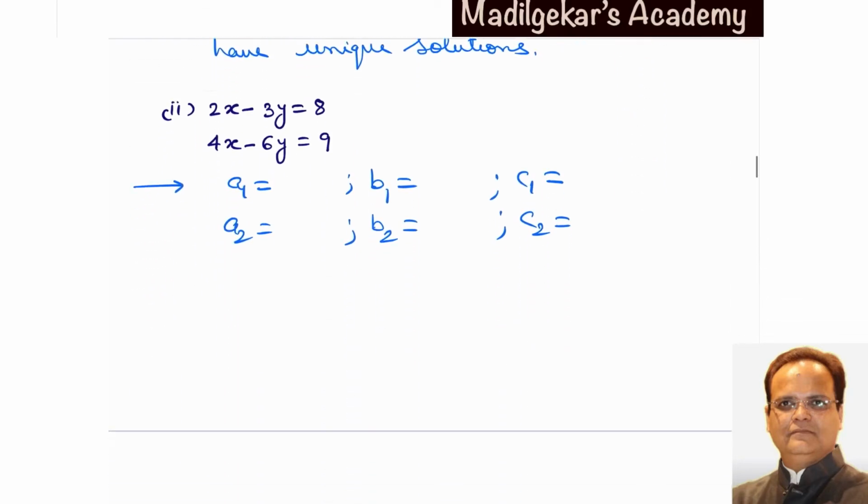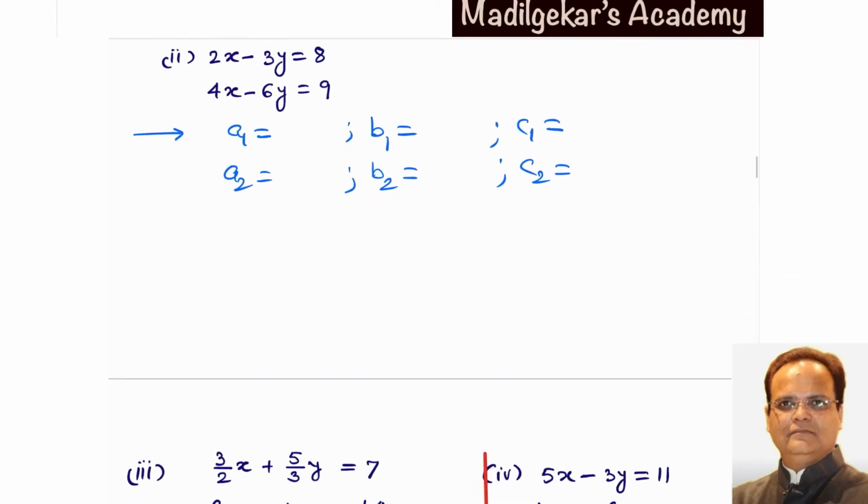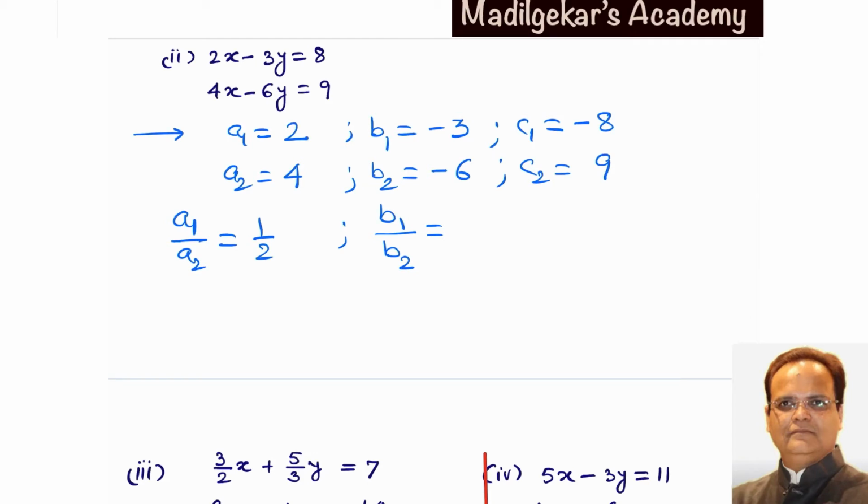Similarly, second bit, here A1 is 2, B1 is minus 3 and C1 is minus 8. A2 is 4, B2 is minus 6 and C2 is 9. Let us find the ratios. A1 upon A2 is 2 by 4 means 1 by 2. B1 upon B2 is minus 3 upon minus 6 means again 1 by 2.